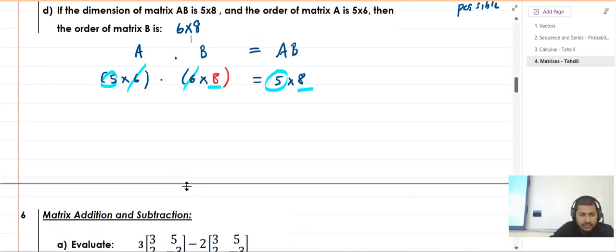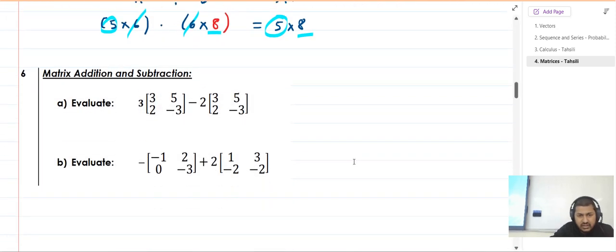Moving on to the next one, matrix addition and subtraction. As I told you, to add and subtract matrices, they must be the same size. So let's do this one here. We got 3 times 3 is 9, 3 times 5 is 15, 3 times 2 is 6, 3 times negative 3 is negative 9.